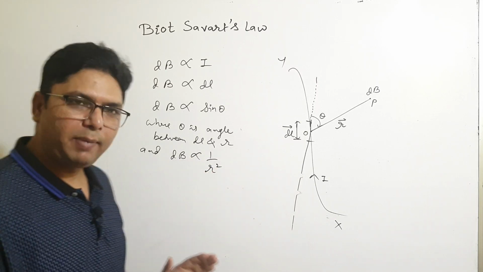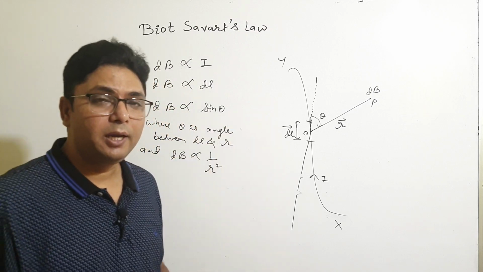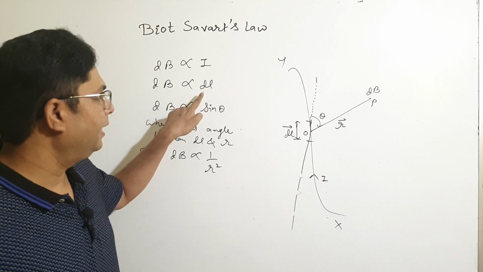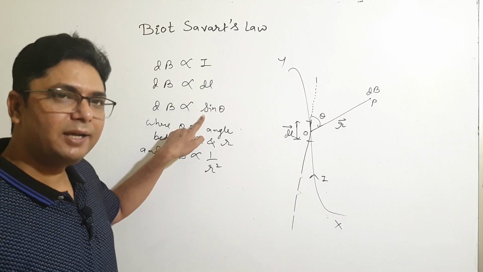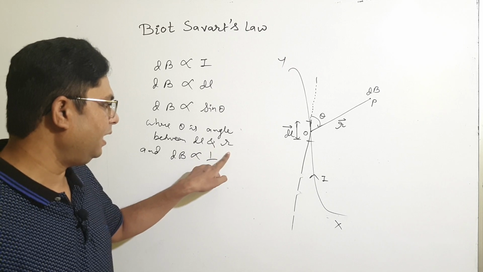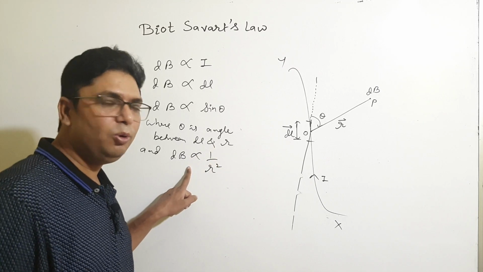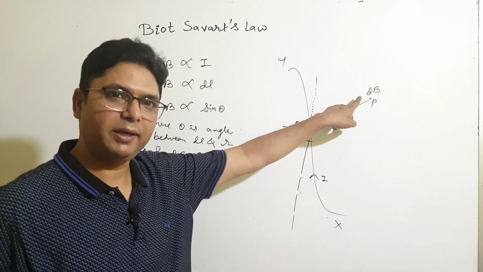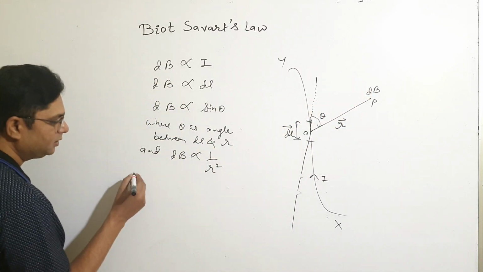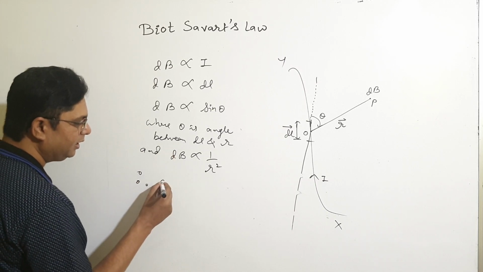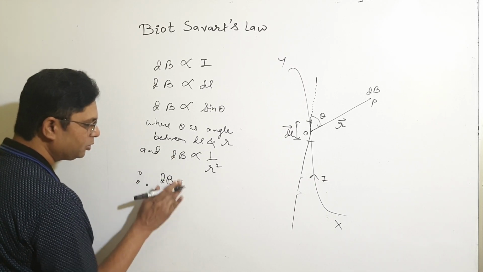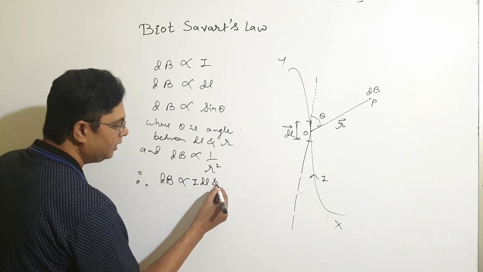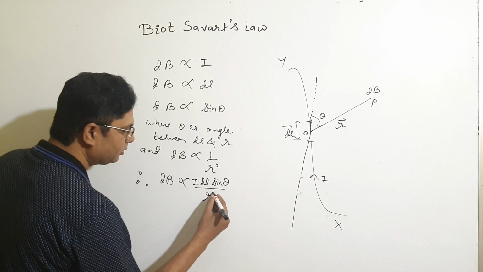So the magnetic field at point P depends on four quantities: current I, length dl, sine of the angle theta between dl and R, and it is inversely proportional to the distance between the tangent and the point where you are going to find the magnetic field. Combining this, you get dB proportional to I dl sine theta upon R square.